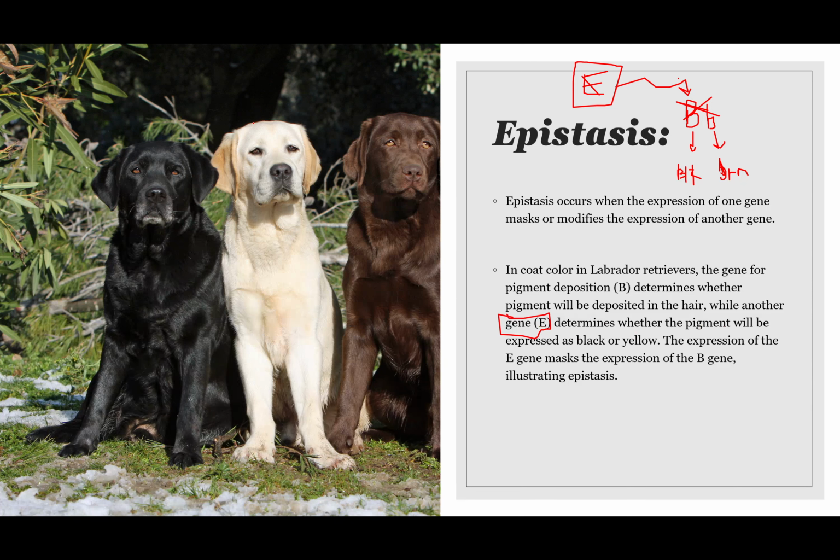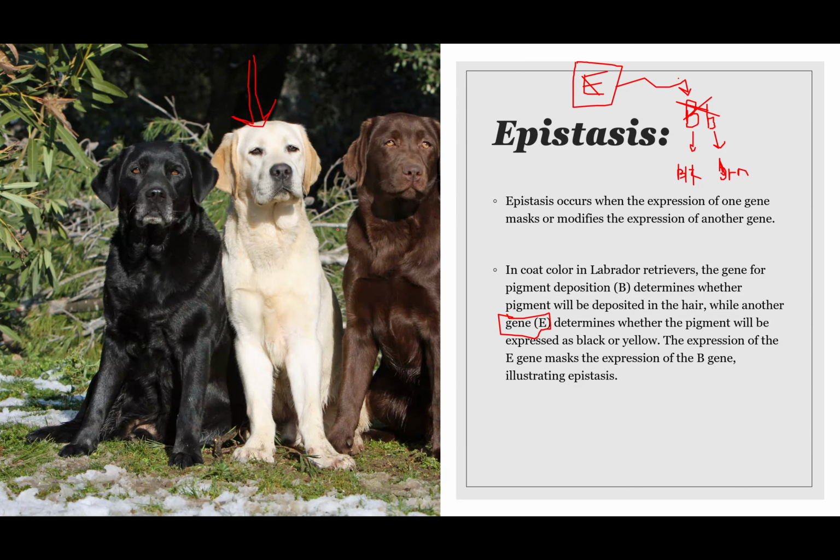So in this dog, we have gene E taking over and modifying the expression of the allele to be more yellow. If you get what I'm saying.